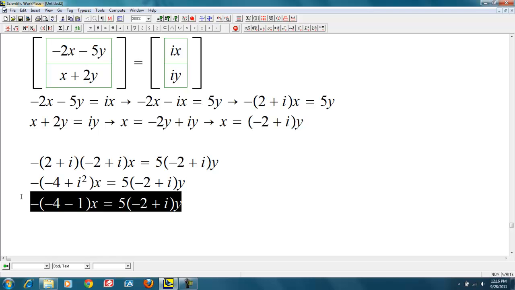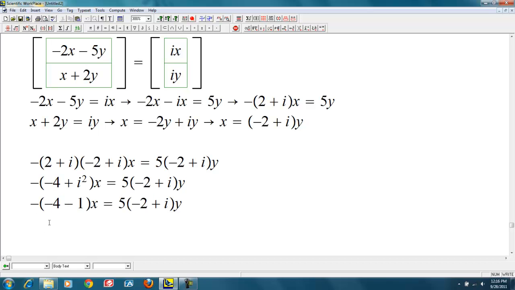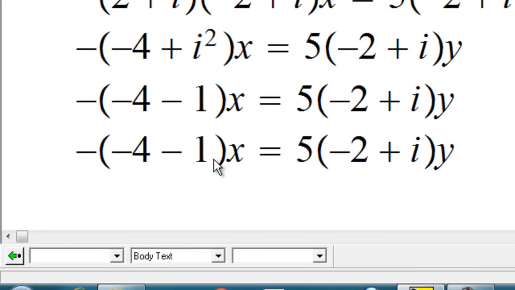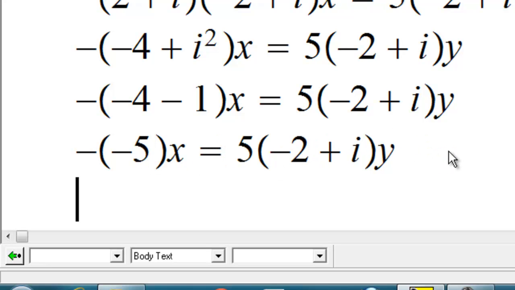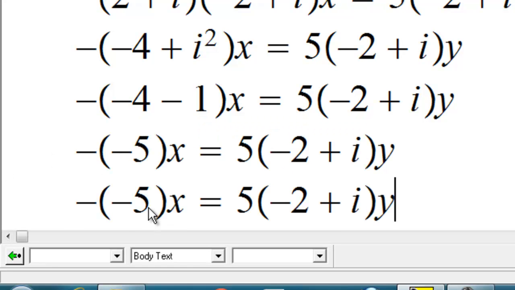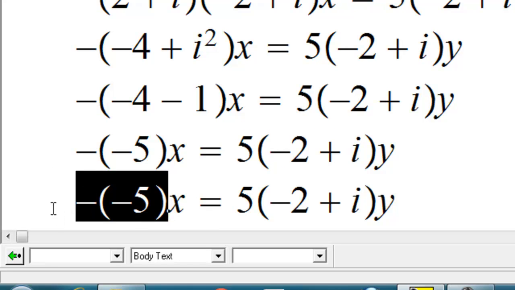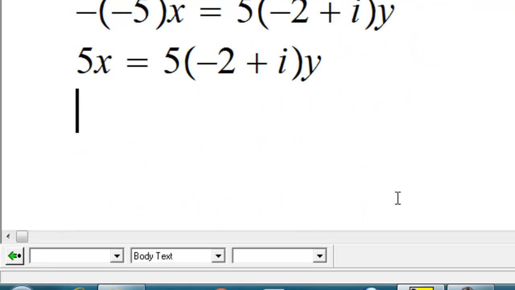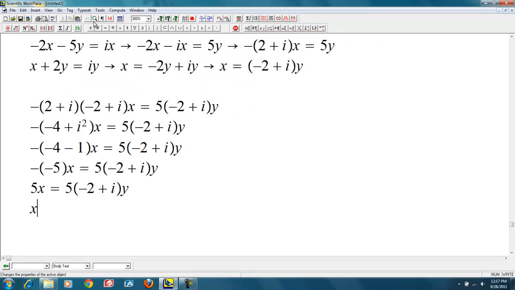Very nice. That guy is the square root of negative 1. So negative of negative 5 is what? 5. Very good. And then the 5s cancel, don't they? So what do you get after the 5s cancel? That. So they are the same, equivalent, right?